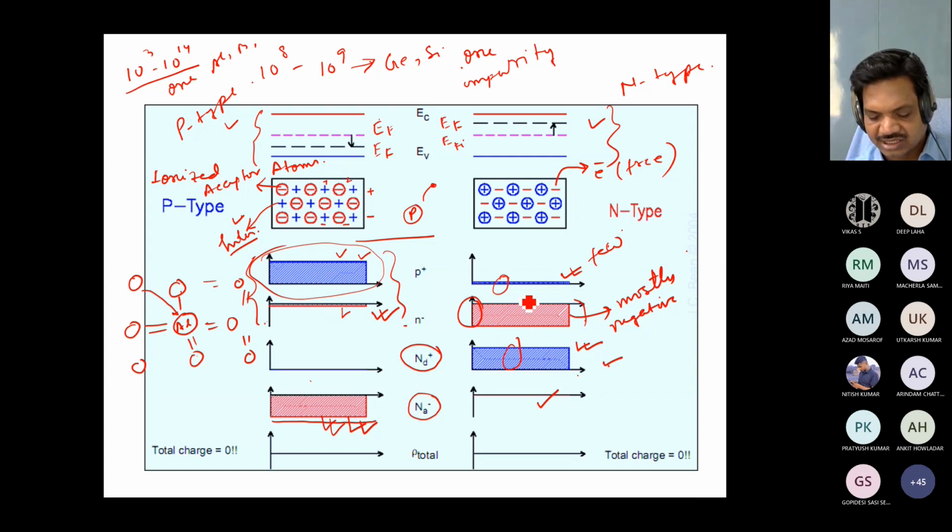This indicates the charge neutrality formula. Accordingly, if we want to get the total charge in the semiconductor, you think and tell me, what would be the total net resultant charge in an isolated p-type and n-type semiconductor? Can you tell what the total charge would be?